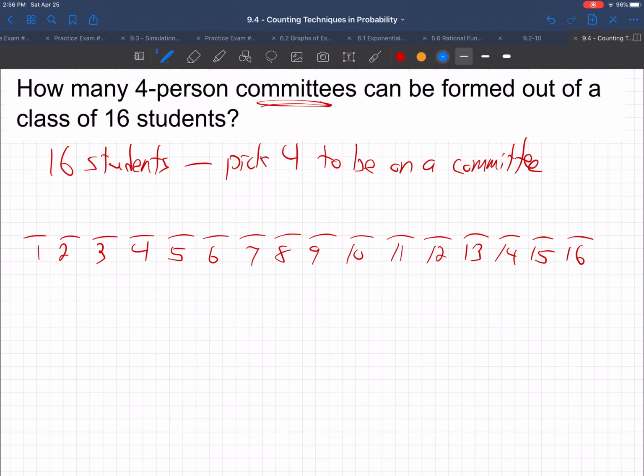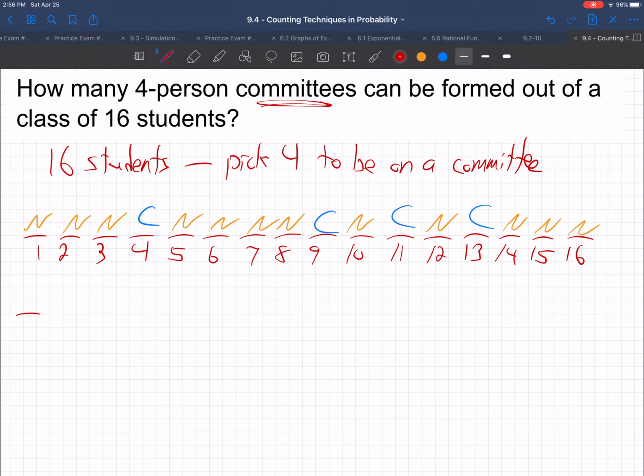I'm going to say, I'm going to pick this student, this student, this student, and that student to be on the committee. And the other ones are not on the committee. They're no's. That's one way I could pick 4 students to be on a committee.